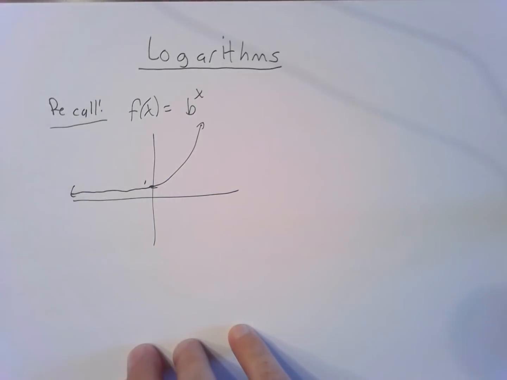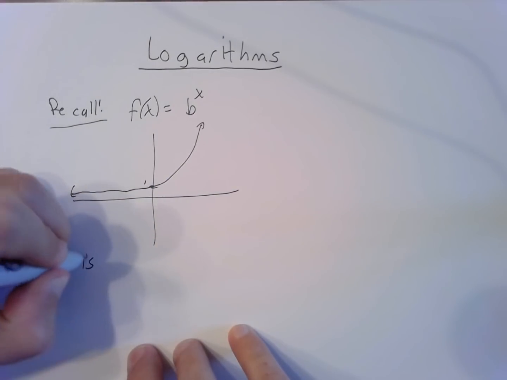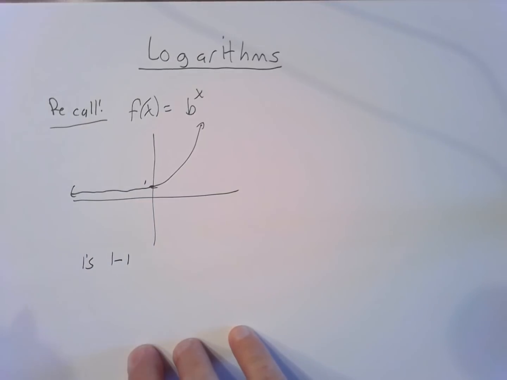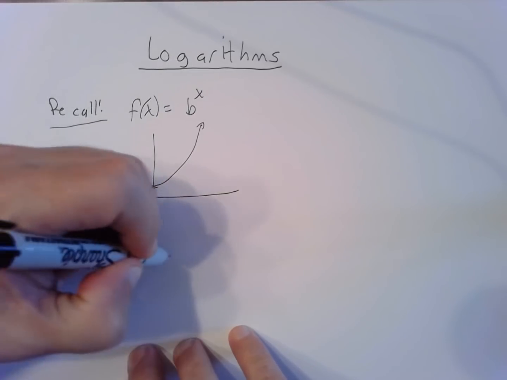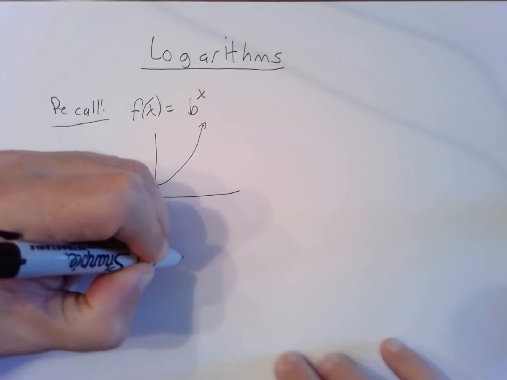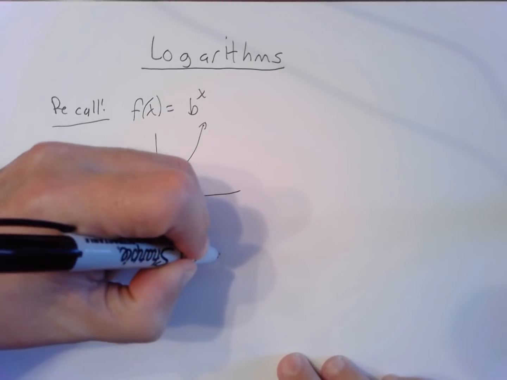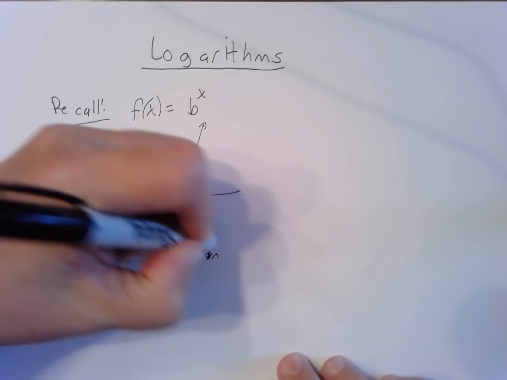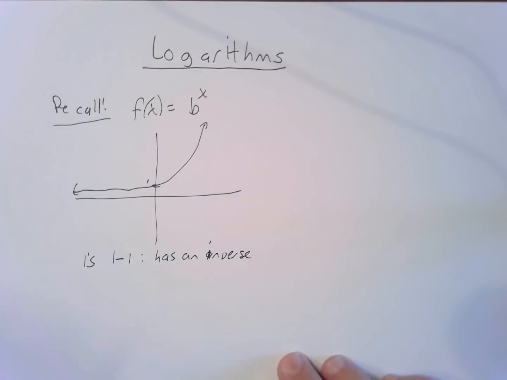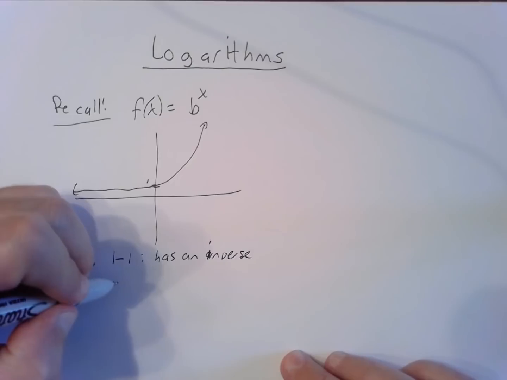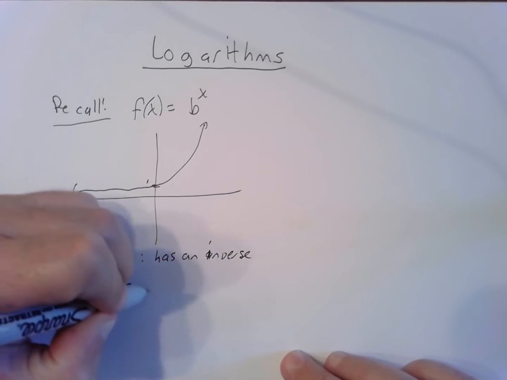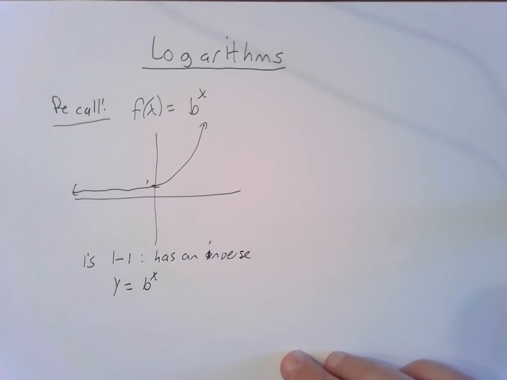This is a one-to-one function. One-to-one functions have inverses. So this guy has an inverse. So let's try to find it. We would do y equals b to the x.